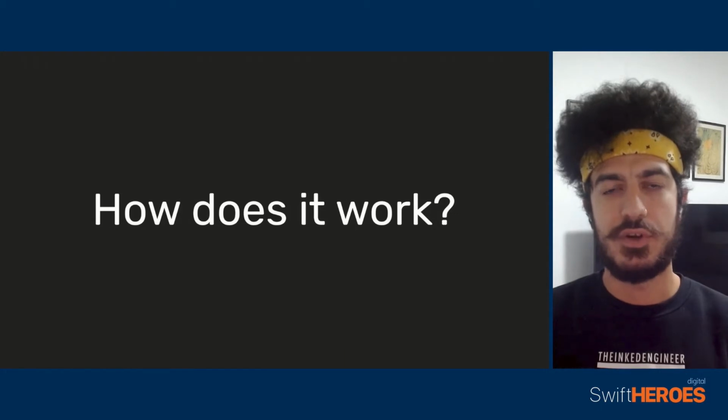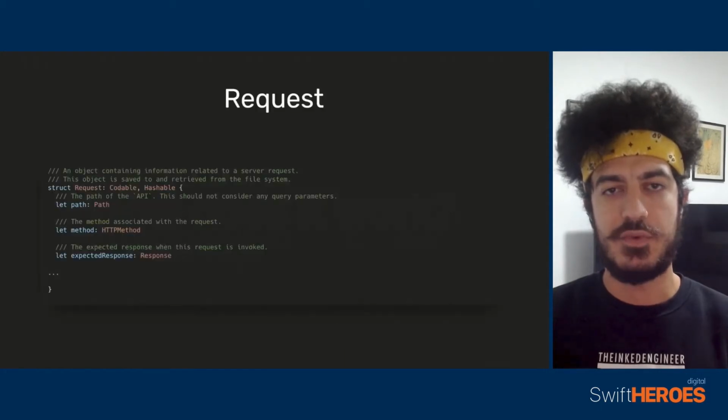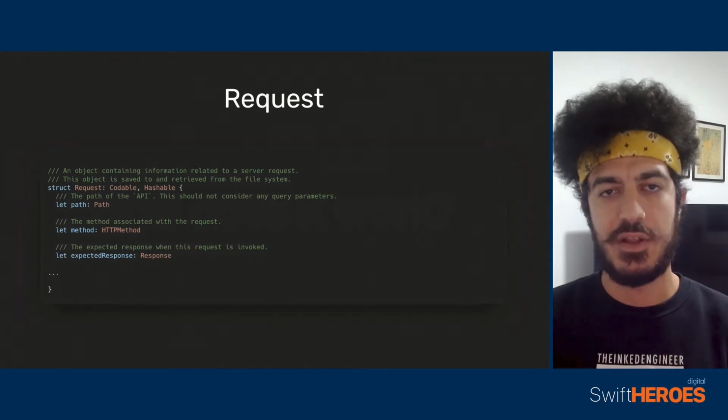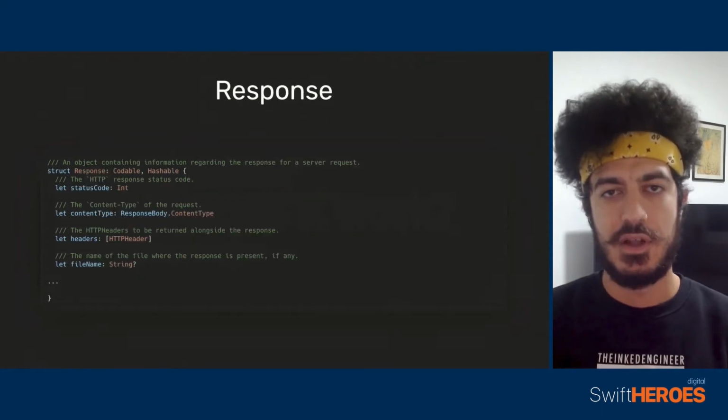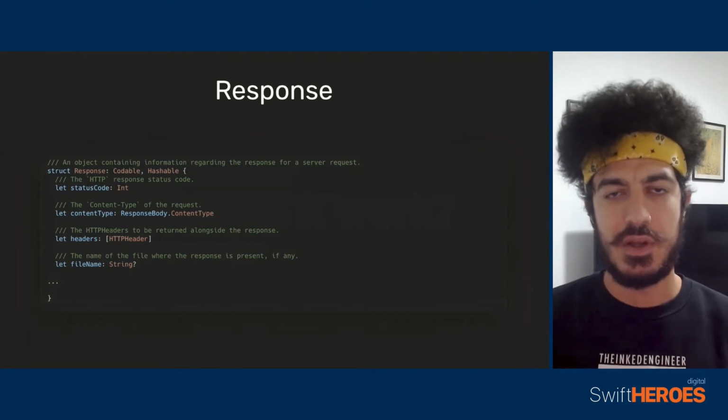Now let's see how all of this works. When we start the server, we inject an array of custom requests. These requests contain all of the information needed to create the Vapor routes. A request contains the path, the method, and the response desired to have. The response object, in its turn, contains the status code, the content type, the headers, and the response file, if any, is present.